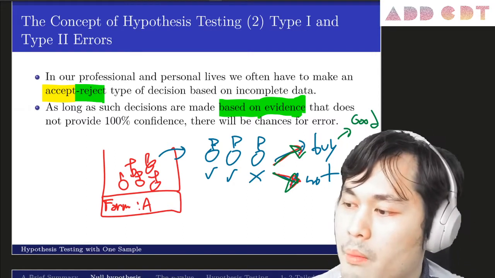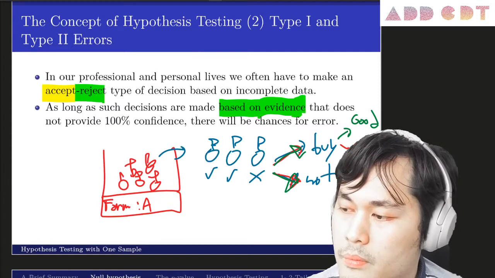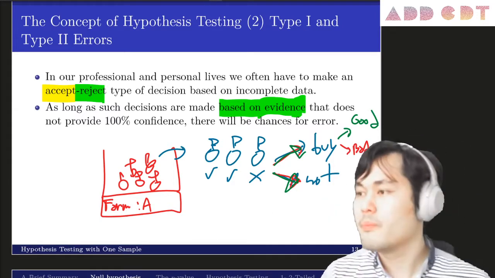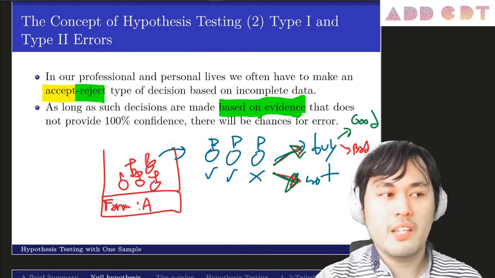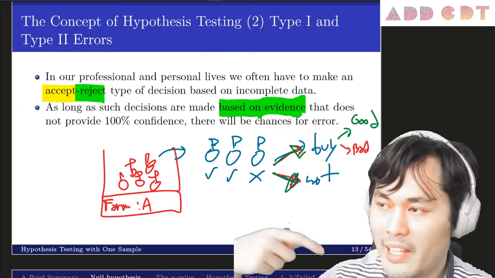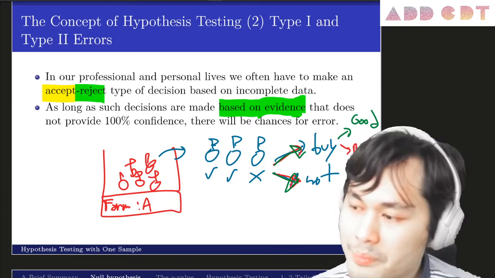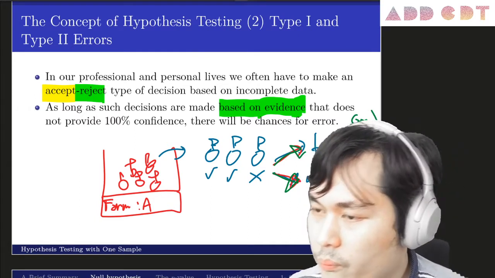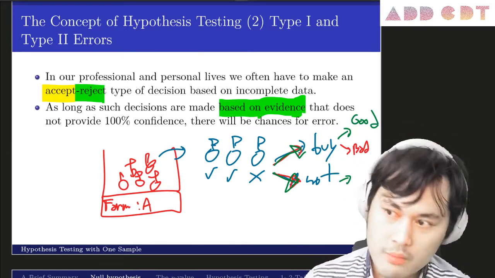But maybe they are bad. You look at 2 boxes and they seem pretty good, but then once you place an order, they send you 100 boxes and half of them are bad. That's possible. Maybe they trick you. Maybe you didn't make a good decision, right?